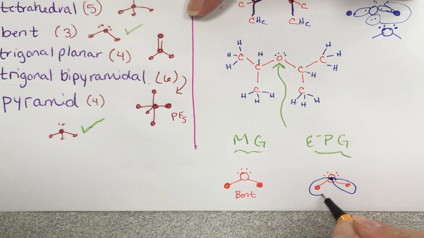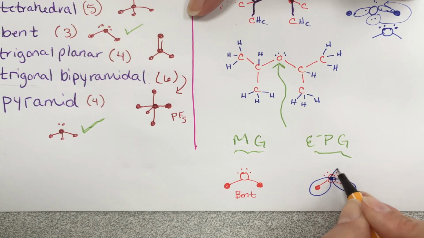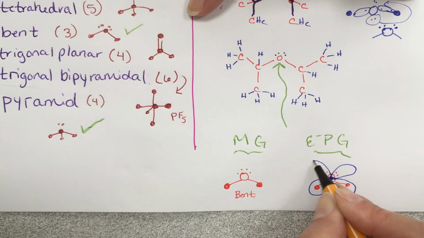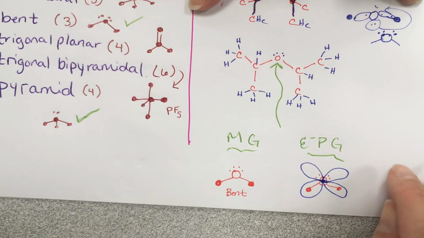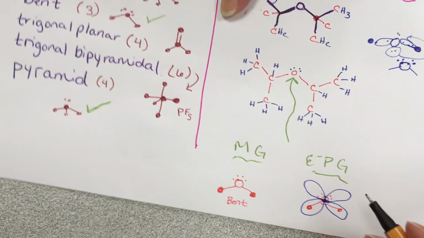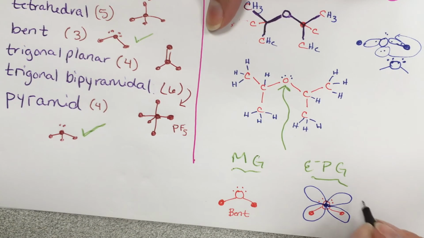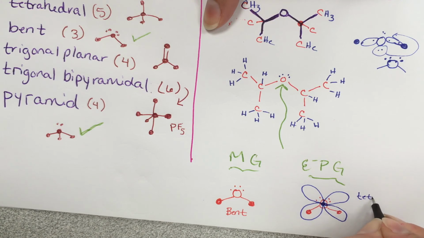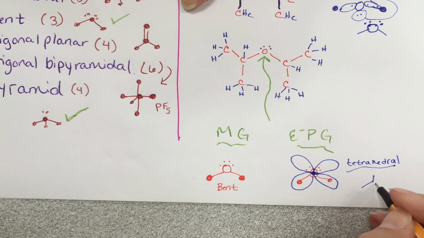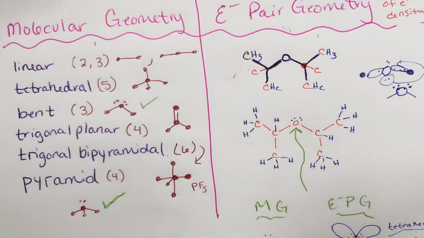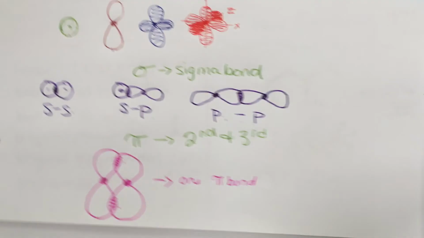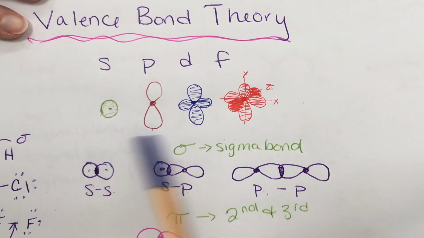And we have an electron density here, and then we have an electron density here, and then one here. So if you look at it a certain way, or you can just go by the rules, this is no longer bent, but it is tetrahedral. It is a shape like that, if we're only looking at electron densities. We are going to look at how these orbitals hybridize tomorrow.